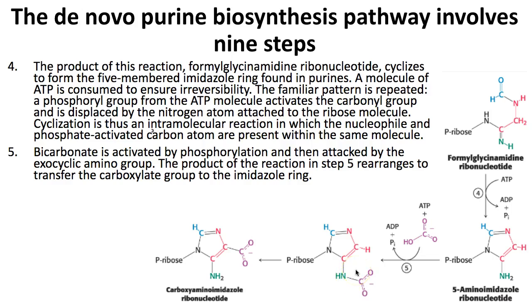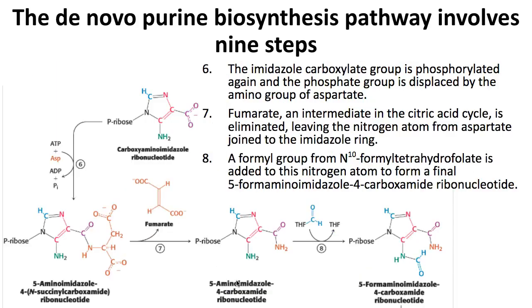Then the product from the reaction in this step 5 goes through rearrangement to transfer the carboxylate group to the actual imidazole ring to have this final structure right here. And so we can still keep building to make your purine.